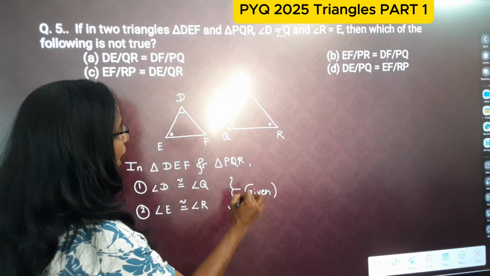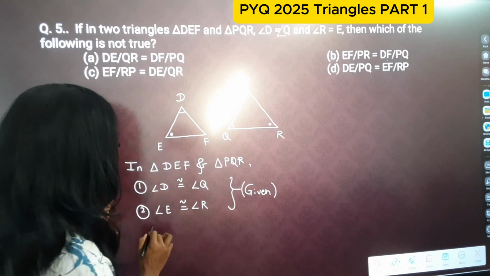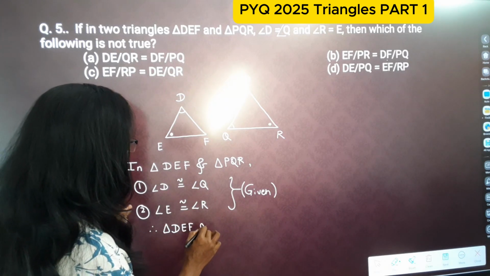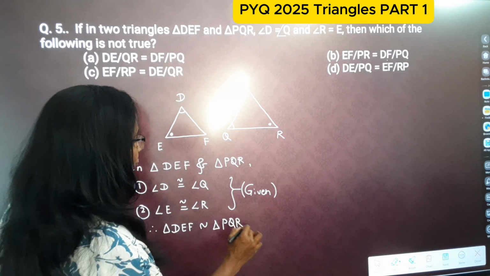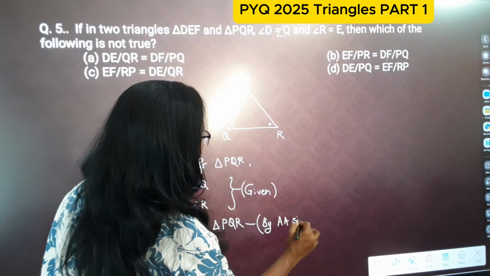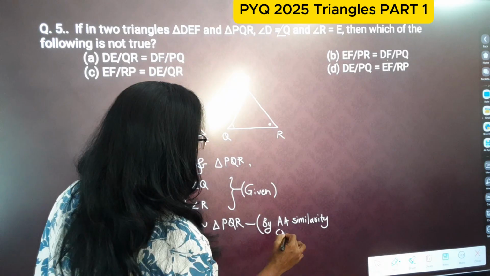Okay, so as the two angles are congruent, therefore we say triangle DEF is similar to triangle PQR, by AA similarity criteria.